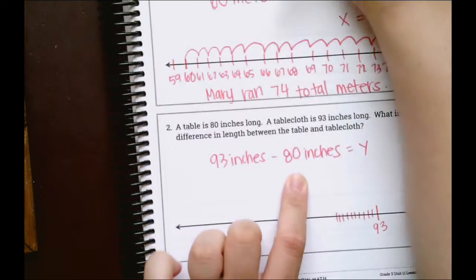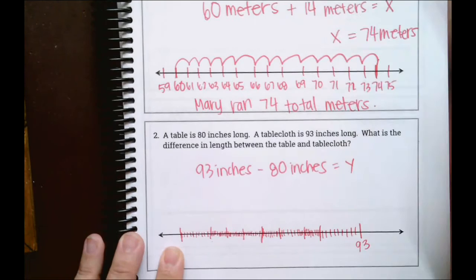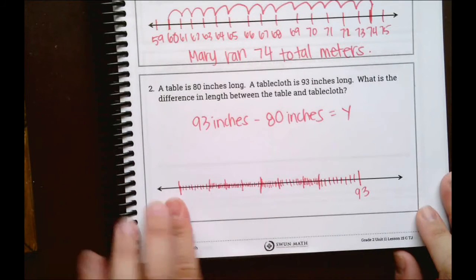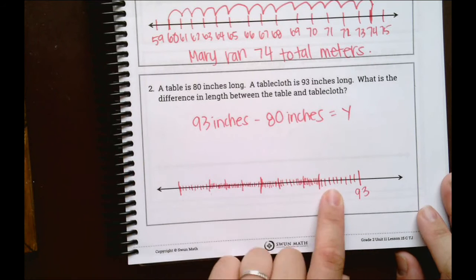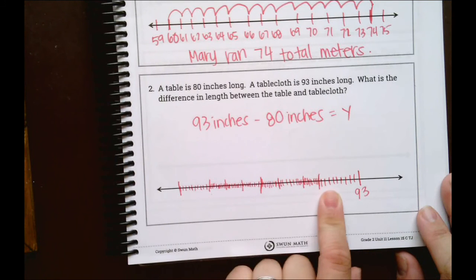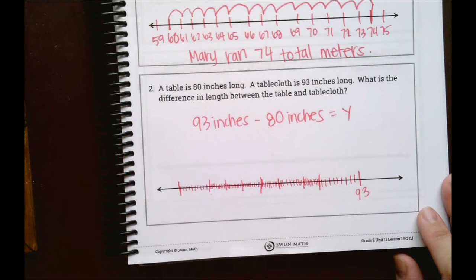I'm going to pause you and add all of my tick marks. All right, here we go. So I set it up and it looks a little funky, but remember I taught you last lesson that your tick marks on your number line do not need to be evenly spaced out because you're just using them to count.